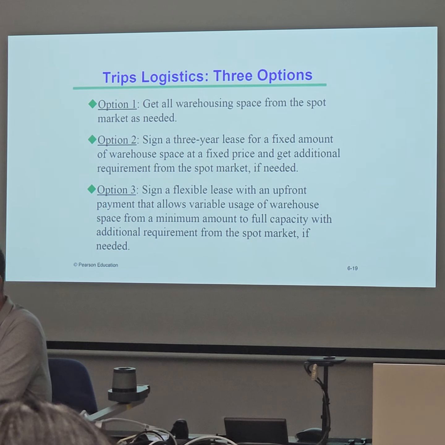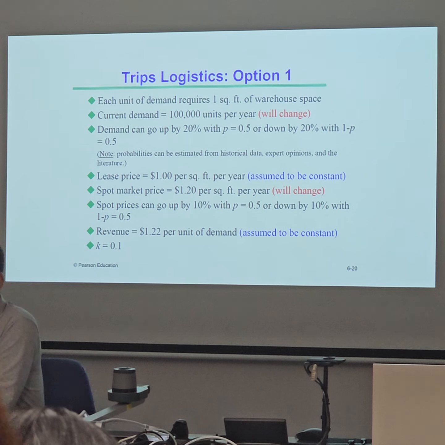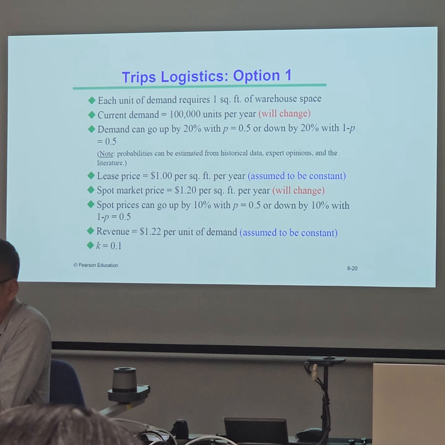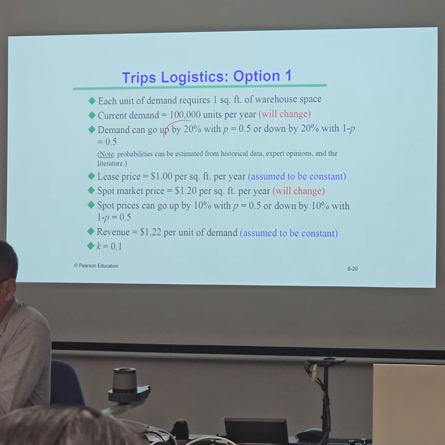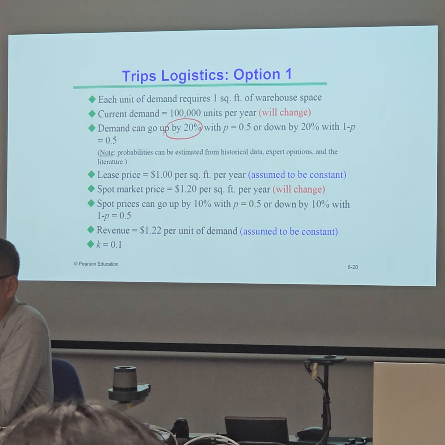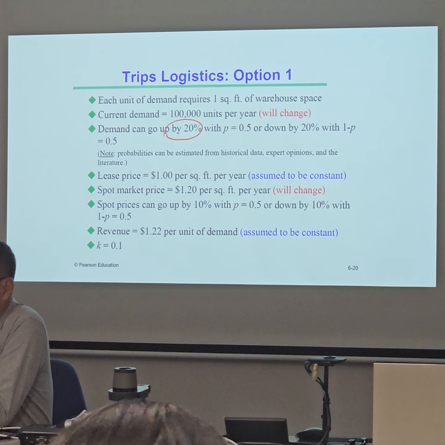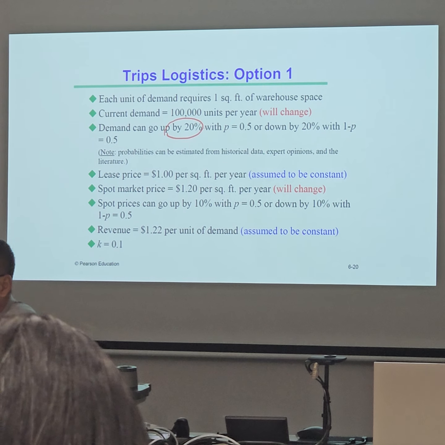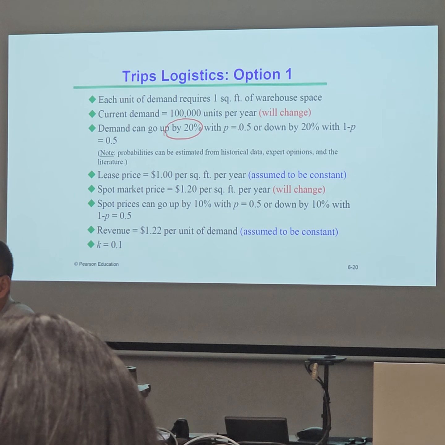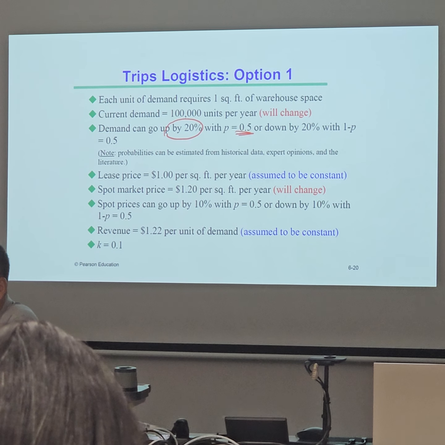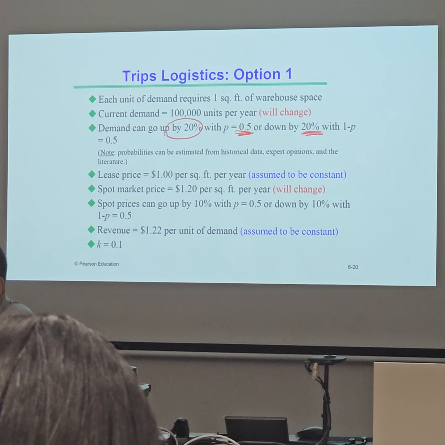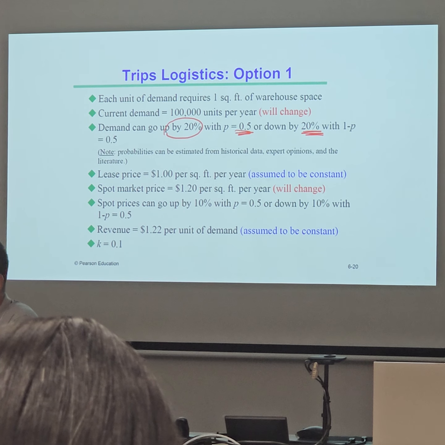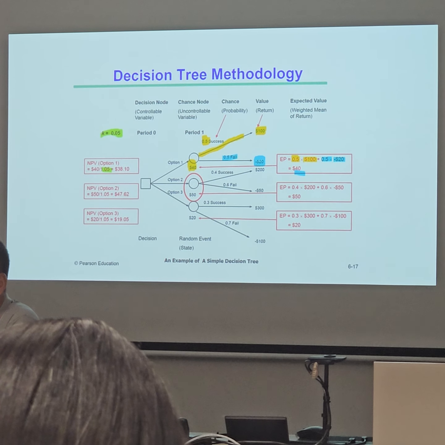Don't worry about all this, this one is not important. I'm just using this example to teach you all what to do. Okay. So look here. Demand can go up by 20% with a probability of 0.5, and it can go down by 20%. So that means what it means here is like that.